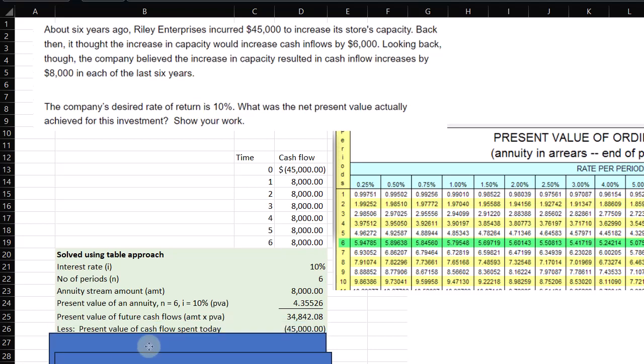Now, we subtract out the present value of the cash flow spent today. The present value of $1 today is $1. So that 45,000 cash outflow would have to be subtracted, and then we've calculated the net present value of this situation, and it doesn't look good. It looks like this was a loser.